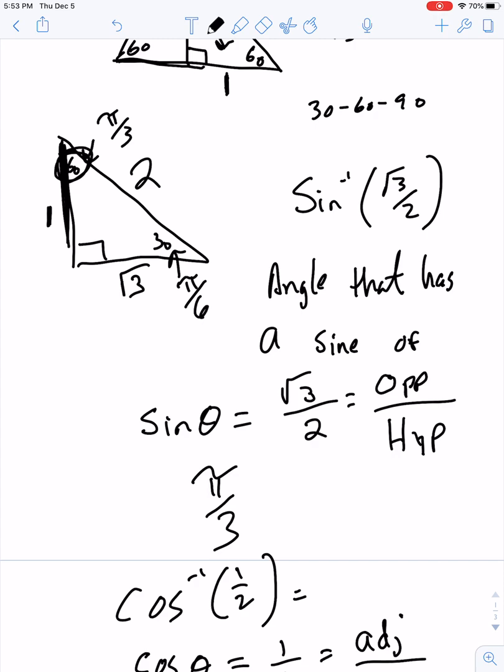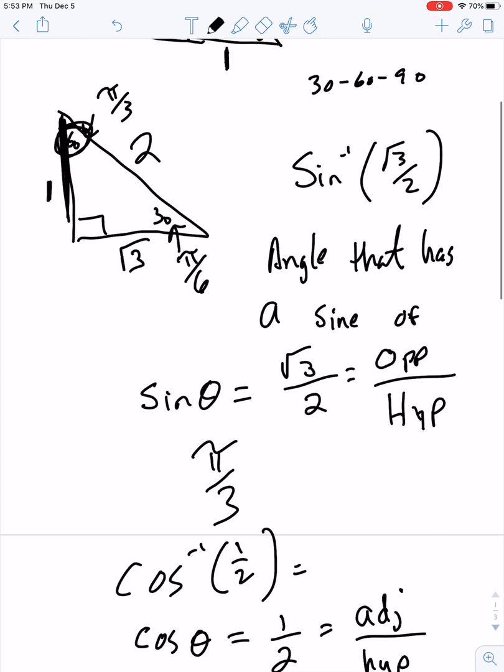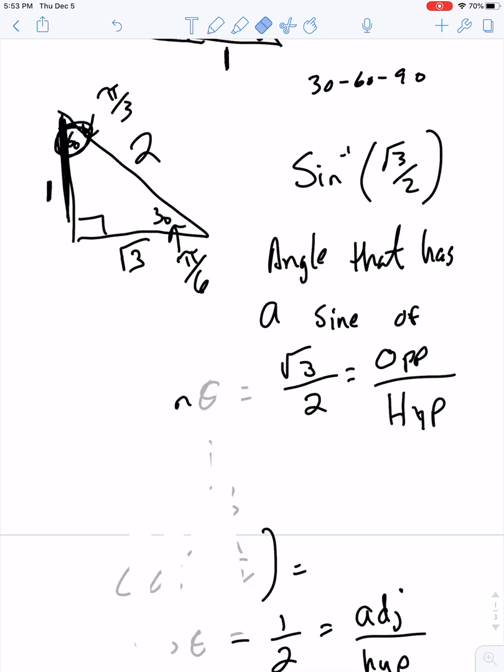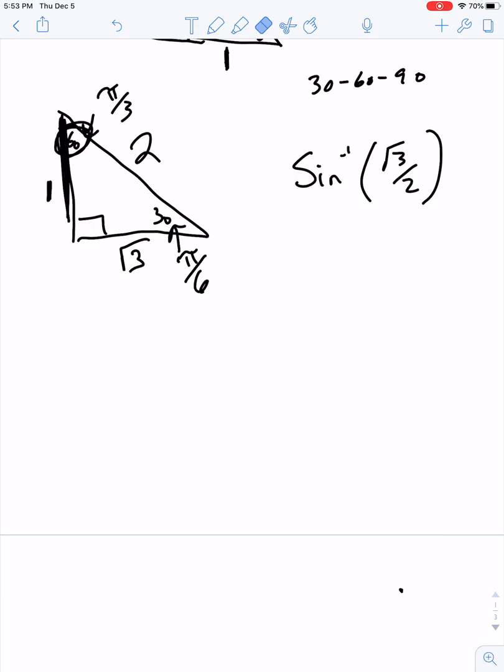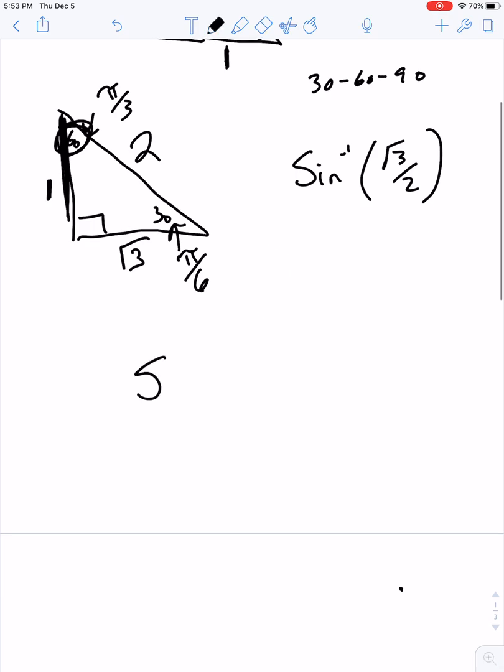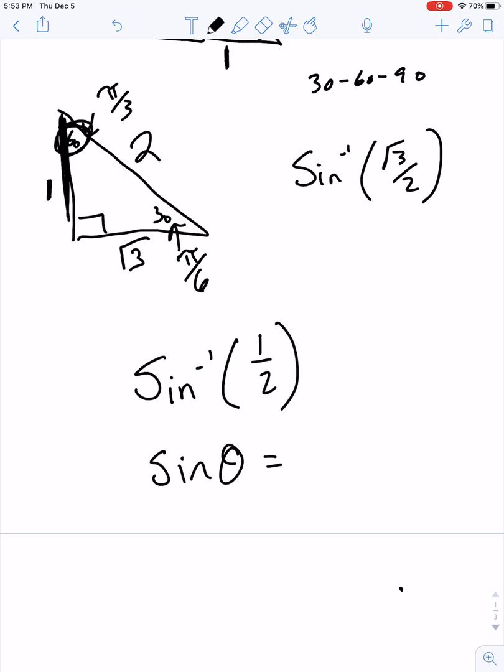How about sine? Let's do inverse sine of 1/2. Another way to look at that, sine of theta is equal to 1/2.